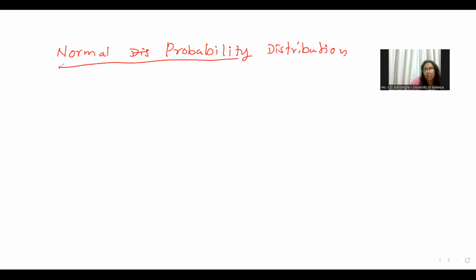Right, talking about normal distribution. Normal probability distribution, Pramata Sambhavita Vyaptiya. You know what the formula is? Right, the probability density function you have to write.